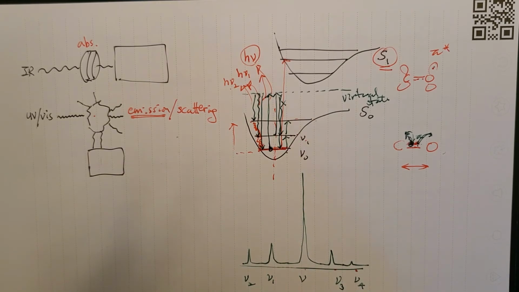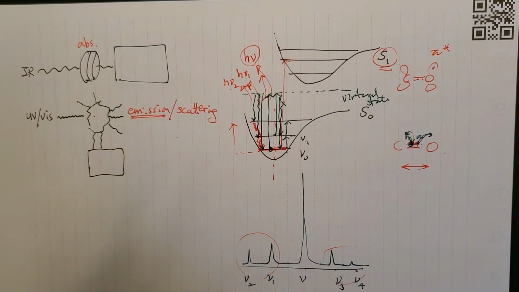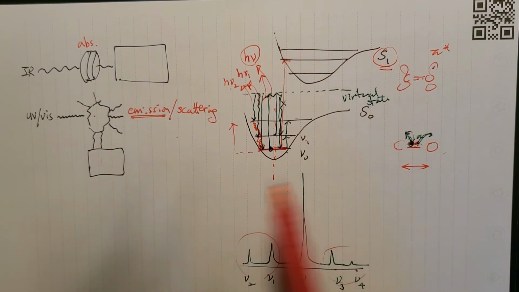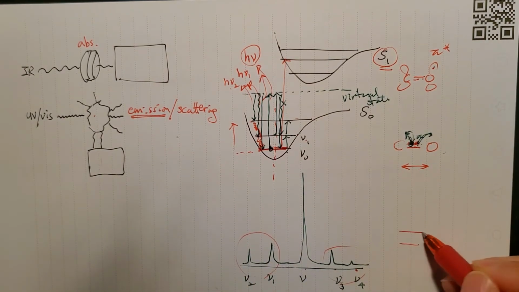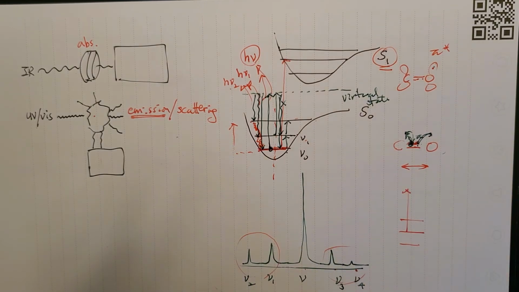And also, as you can see, this side is a little stronger than this side, because this side is from the most populated one. And say the whole thing is observing the vibration from here to virtual, right?